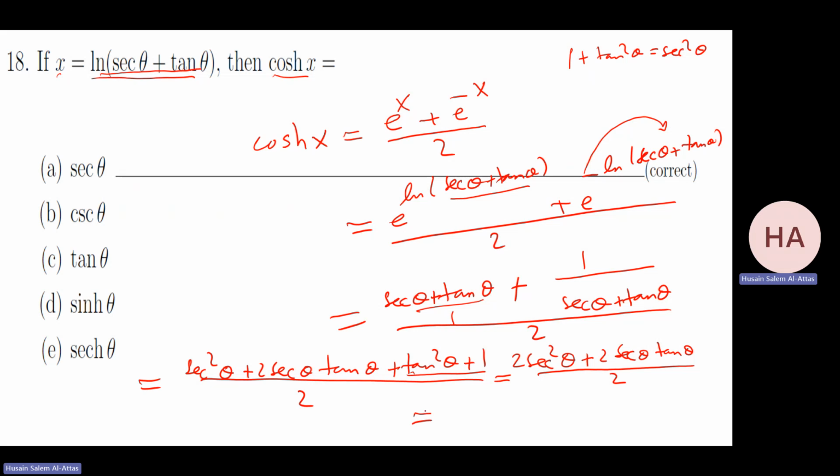I take 2 secant theta as common factor. I have secant plus tan over 2. Okay, this is cancelled. I have secant times secant plus tan.